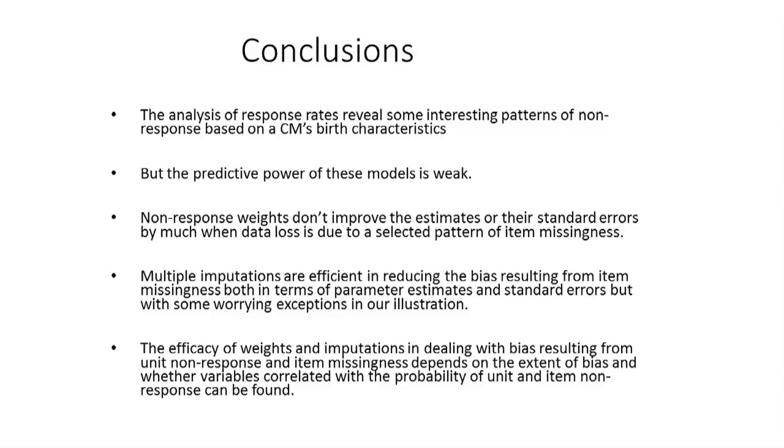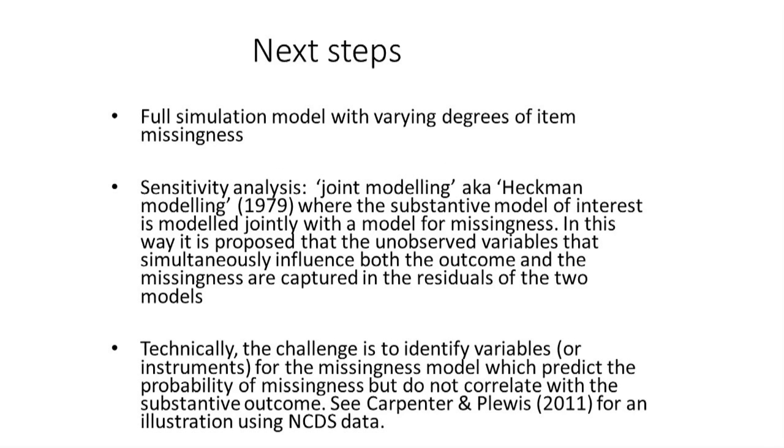I think that's it, and if only we had more time, Tariq, Mustafa and I could do more full simulations, vary the levels of missingness for our example, or use sensitivity analysis, for which there's an excellent example using NCDS by Carpenter and Plewis in a chapter in this first book I recommended, where you're embarking on Heckman procedures or joint modelling, where you're attempting to model simultaneously the probability of response alongside your substantive outcomes, and the residuals correlate and the parameter estimates are adjusted.